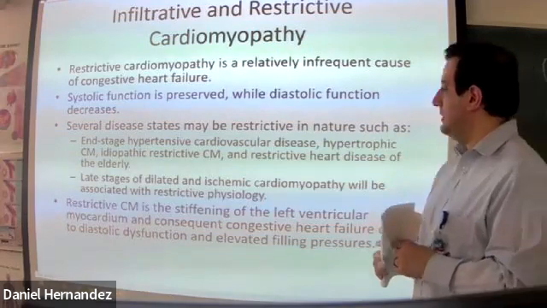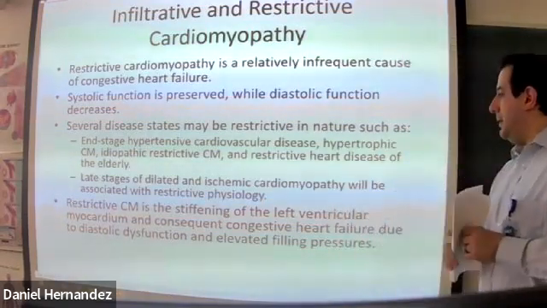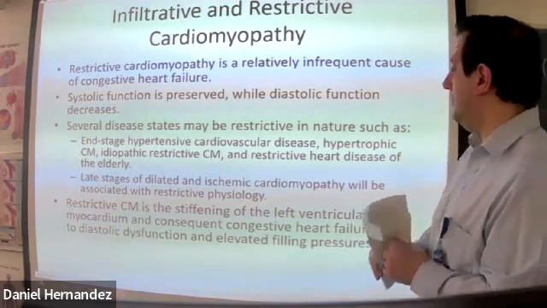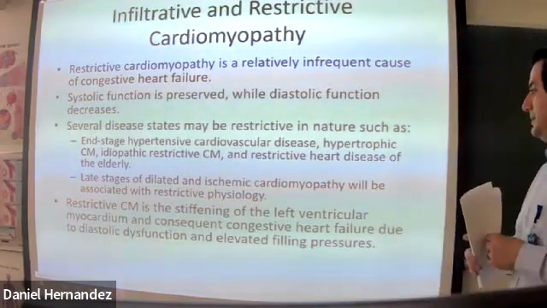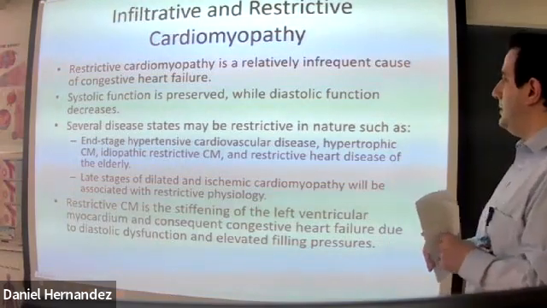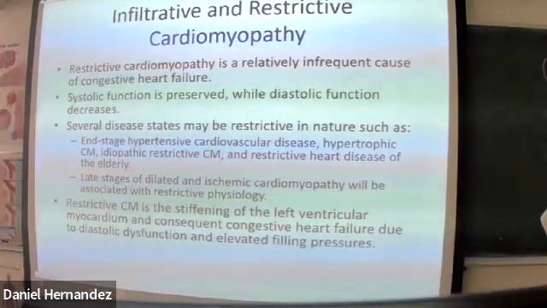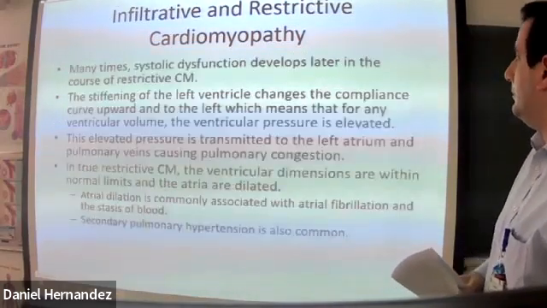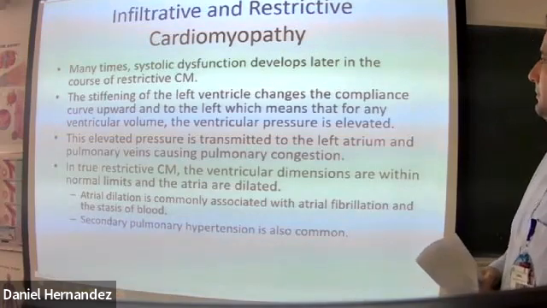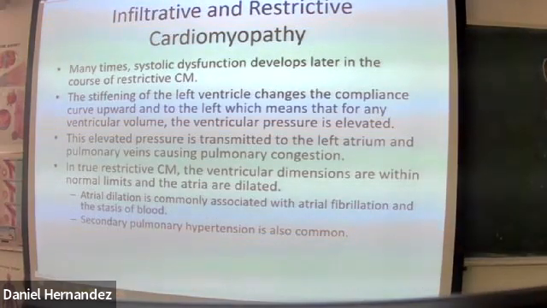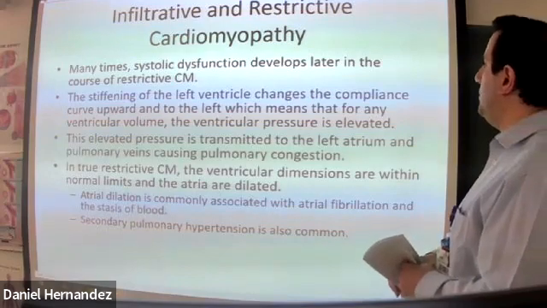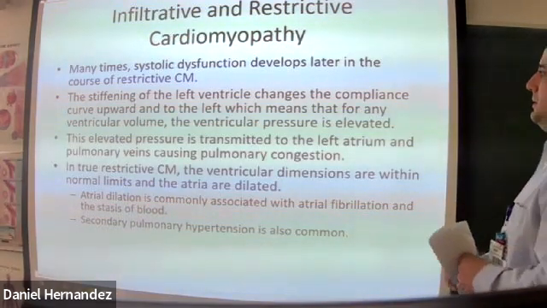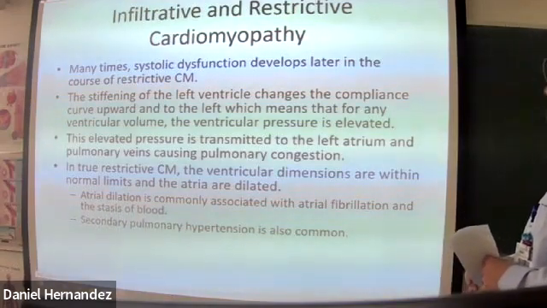So in this case, this is myocardium that has now become stiff and not allowing for proper relaxation or dilatation during diastole. And that's what leads to this development of diastolic dysfunction. Many times systolic dysfunction will develop later in the course of a patient that is suffering from restrictive cardiomyopathy.